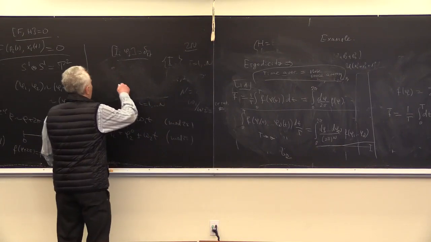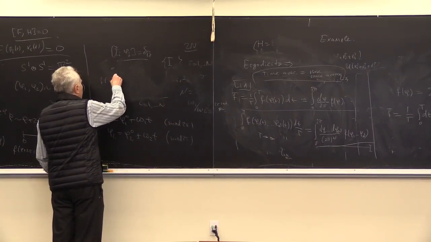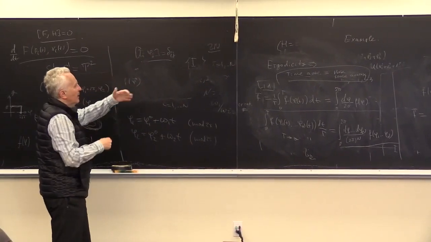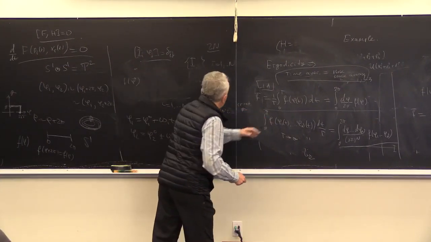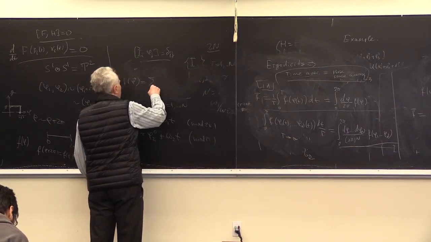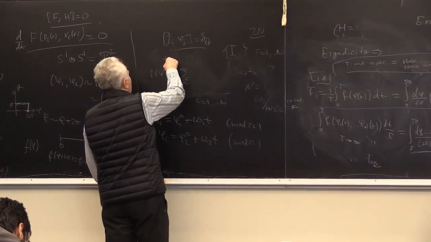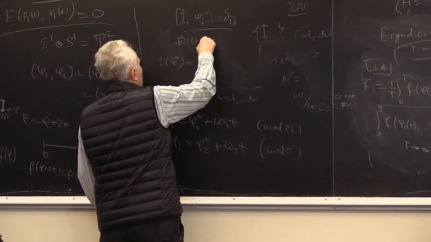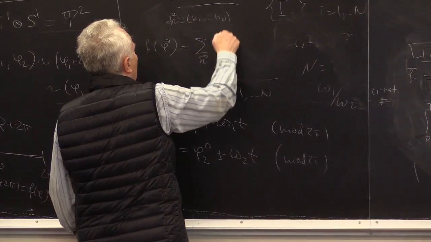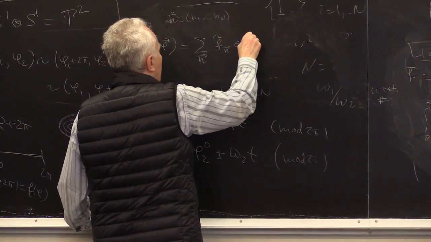Same story, except we now take f of phi, I'll call it a vector phi, meaning a vector phi_1 through phi_n. And the same Fourier decomposition, but now you have a vector n, n is n_1 through n_n, f tilde n, e to the i n phi.